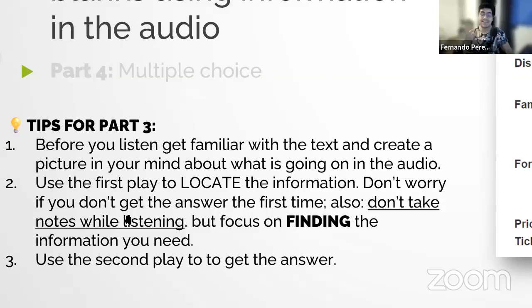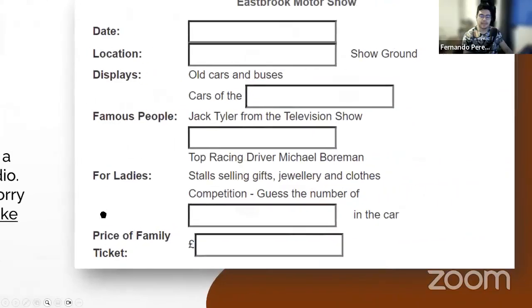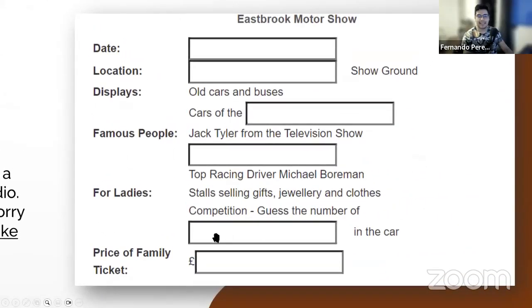Finally, the second play. Use the second play to get the answer and write it down. I really strongly recommend don't write anything on the first listening. Probably if you get the last two, write them down because there is no more information. But if you understand the date and then you start writing the date, you are going to miss the location.